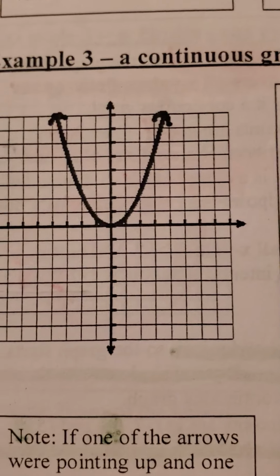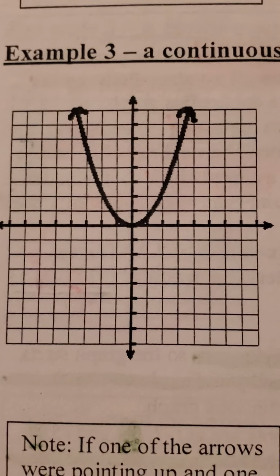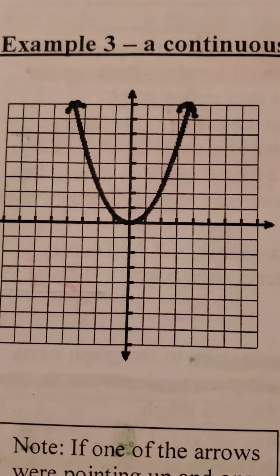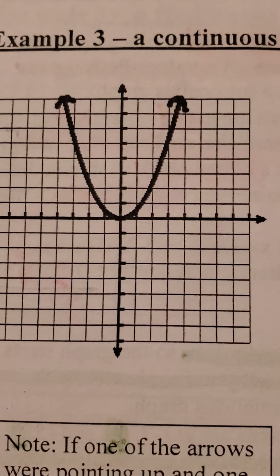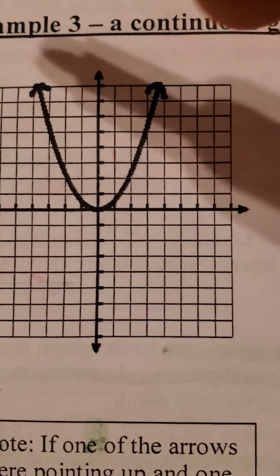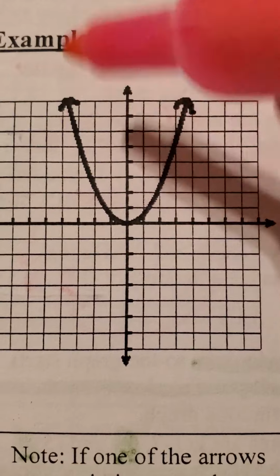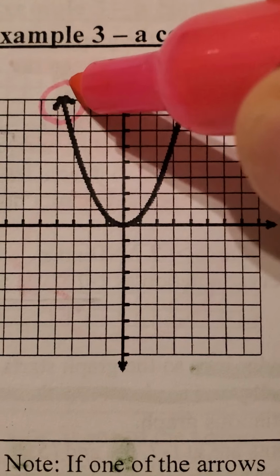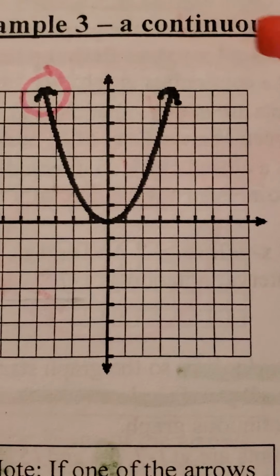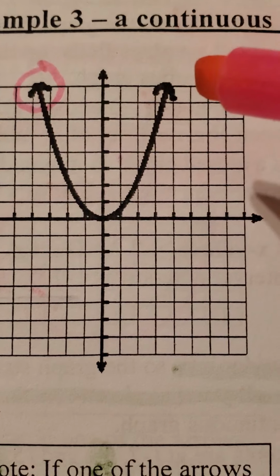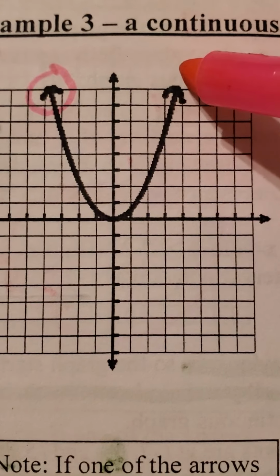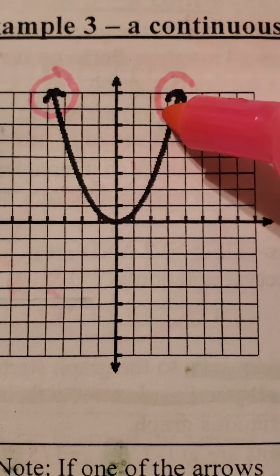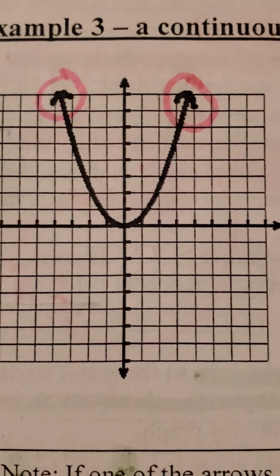Here's the graph in the third example. You want to ask yourself, what's the furthest we go to the left and the furthest to the right? Well, it looks like right here I've got an arrow. It's definitely going upward, but this part of the graph is also going to the left. So I would say that's the furthest I see to the left. This is the furthest I see to the right, this arrow that's pointing to the right.